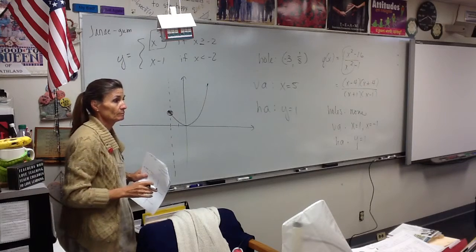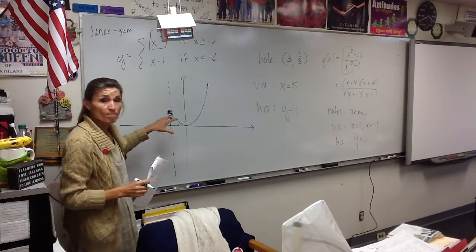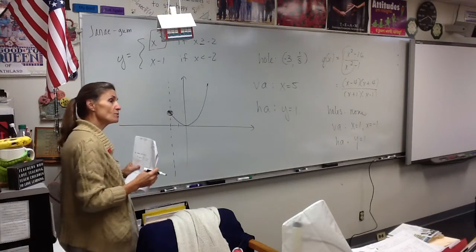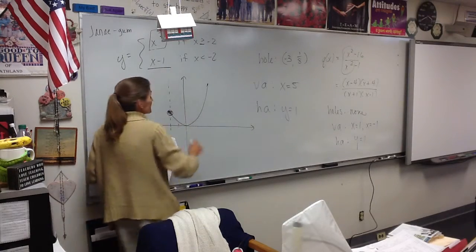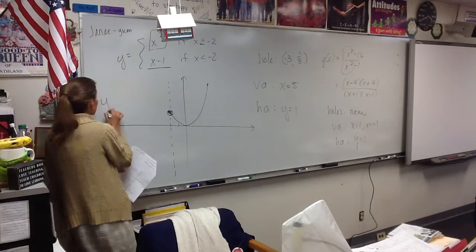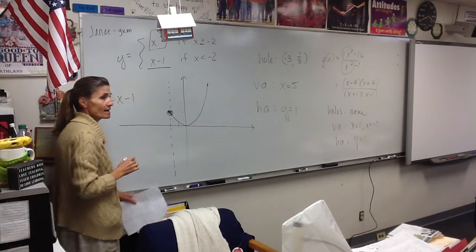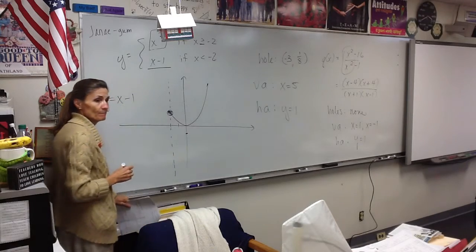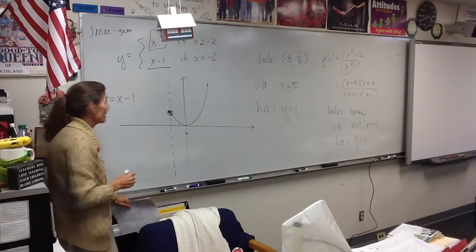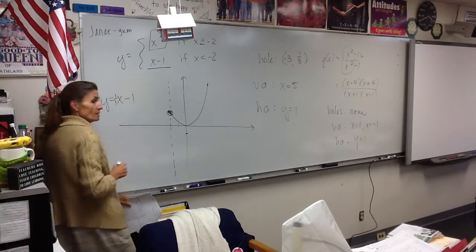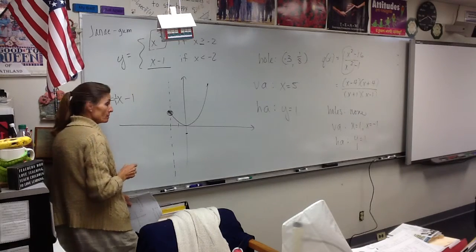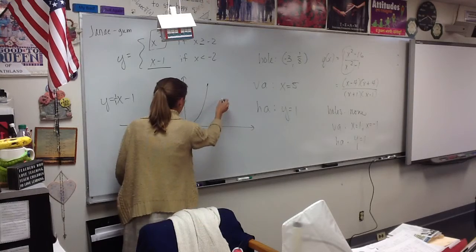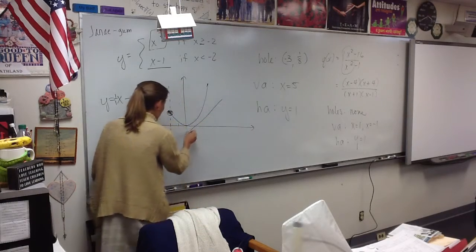Yeah. So this is the first piece of the picture. Now I'm going to do the second piece. What shape is that? That's a line. Tell me about that line. It has a y-intercept at -1 and a slope of 1 over 1. So up 1 over 1, down 1 over 1. I'm going to go ahead and draw in that line.